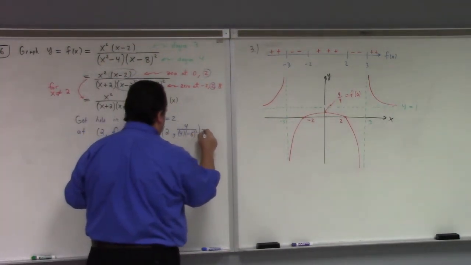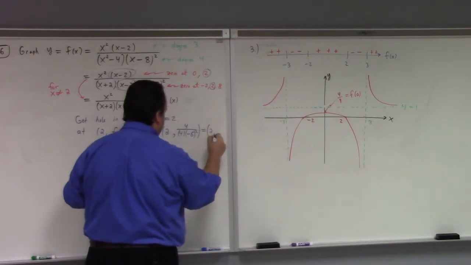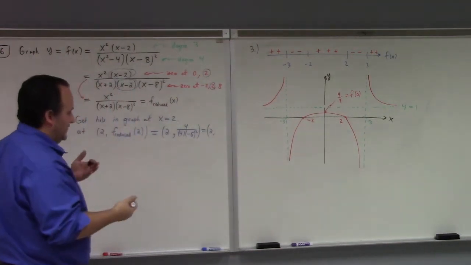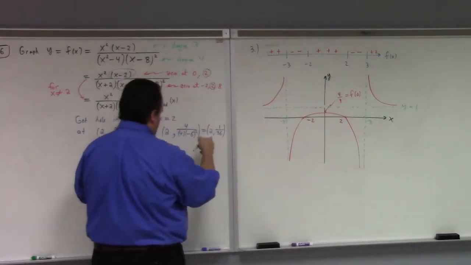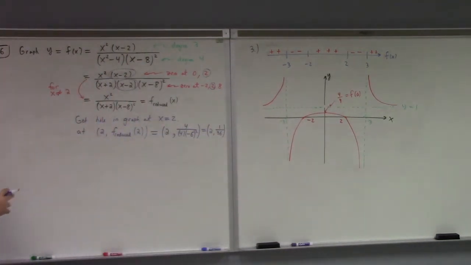So where's my hole? My hole's at 2 comma, oh, the 4's cancel, right? So 1/36. So there's where the hole in the graph actually is. All right. We could have done that later. We don't technically need that until we make the graph. So if you forget to do this until later, it's not a big deal. You can always go back and do it when you get to the graphing part.